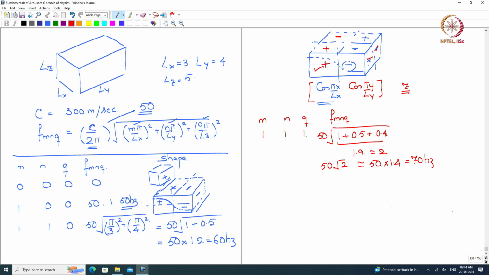Because all three indices are 1, this is like cos pi x by Lx, cos pi y by Ly, cos pi z by Lz. So if I look at it in the xz plane, x has this behavior, positive and negative, and z also has a similar behavior, positive and negative.